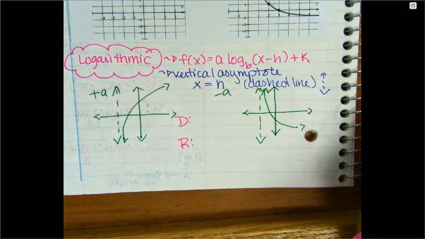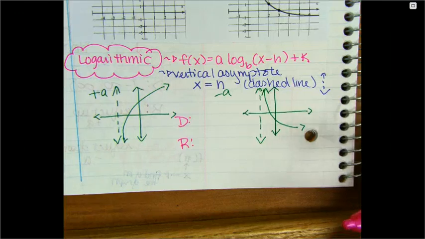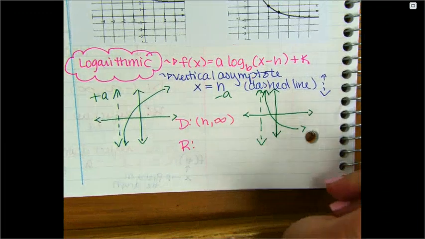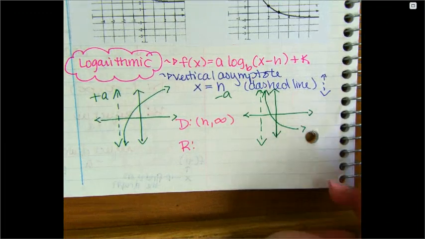Anyone want to take a guess on domain? Could be one of two. Or really, it's only one. What do you think it is? Yes. Why? Well, yes, on the x-axis.